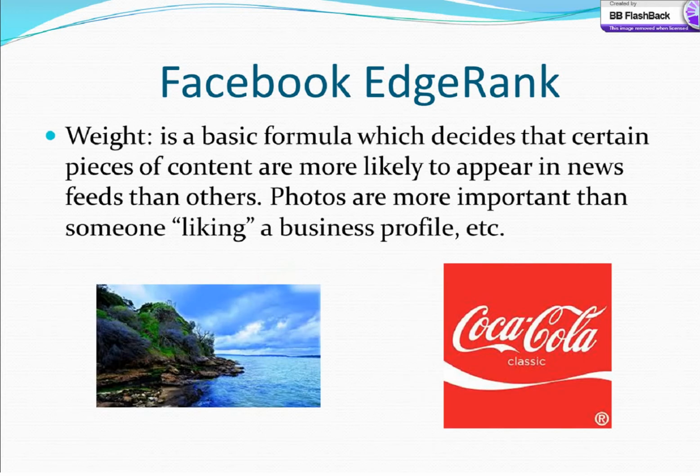The second one is weight, and weight has kind of two parts to it. In the first part of weight, it's a basic formula which decides that certain pieces of content are more likely to appear in news feeds than others. Photos are more important than someone liking a business profile, etc. And what I'll explain is, once you send out a post, Facebook has already kind of put its own judgment on your post.